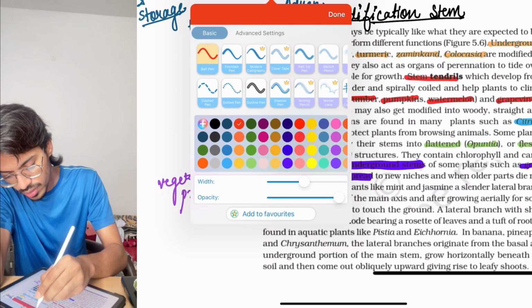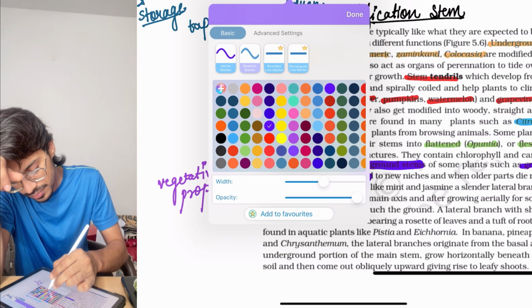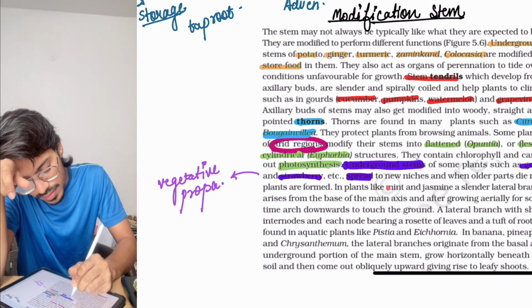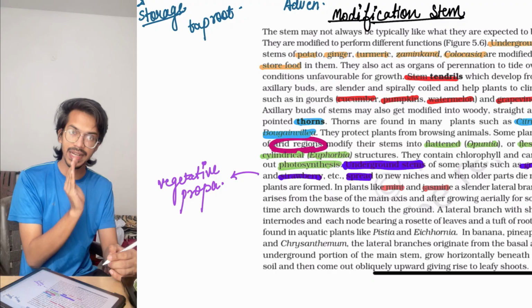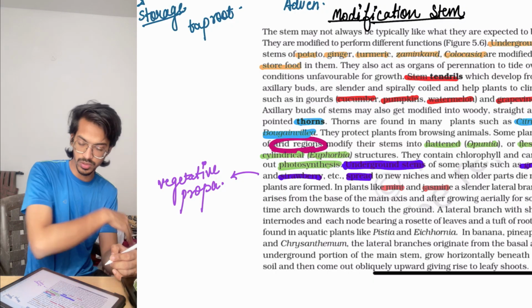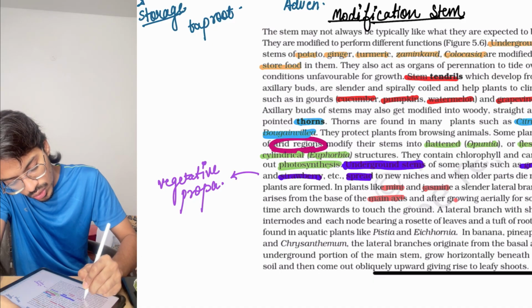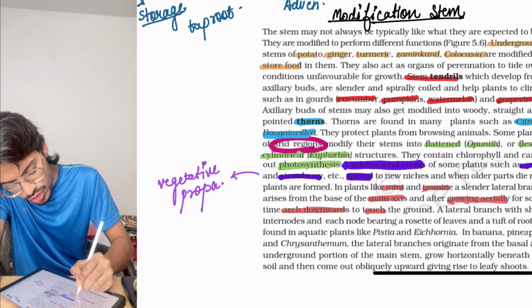Okay, next to this we have certain plants like jasmine and mint. Lateral branches arise and go down. In this case the main branches grow aerially and arch downwards to touch the ground.